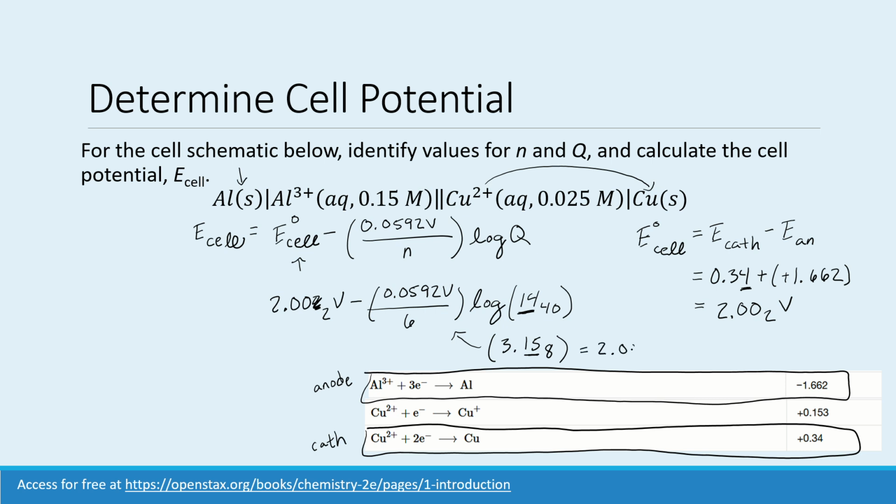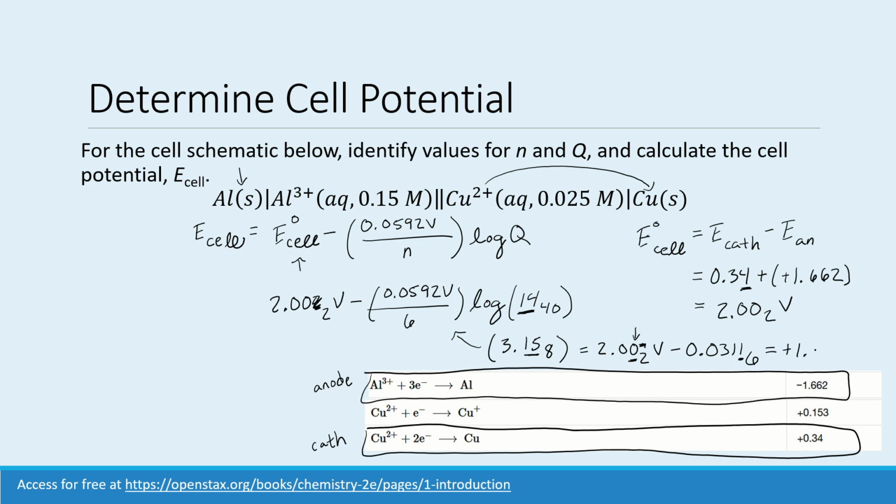Okay, so simplifying this, we've got the 2.002 volts minus 0.03116. And based on significant figures here, the first number goes out 2 decimal places, the second one goes out 4 decimal places, and so our answer should only go out 2 decimal places.